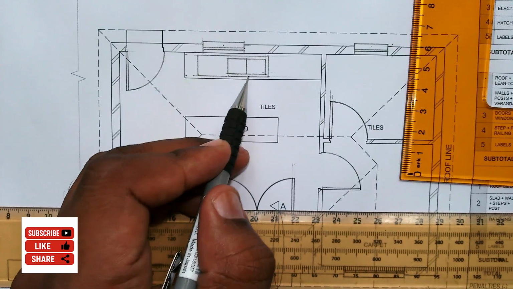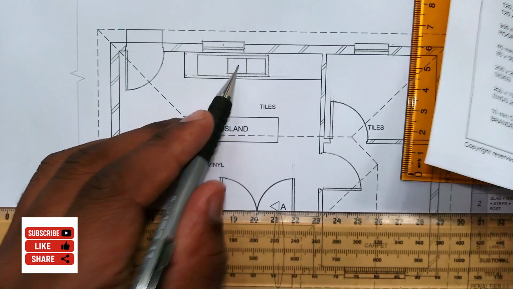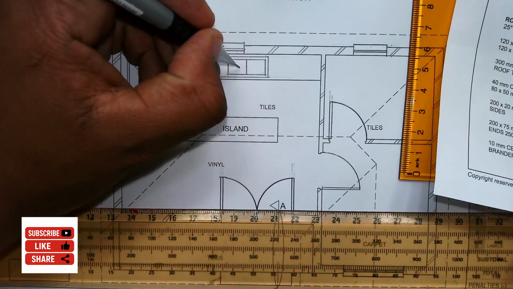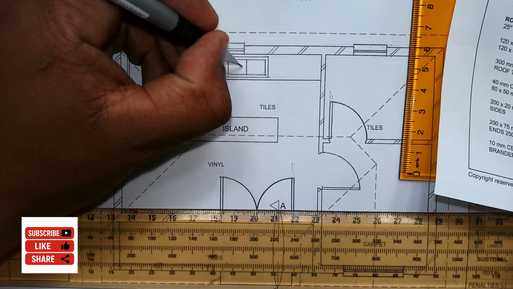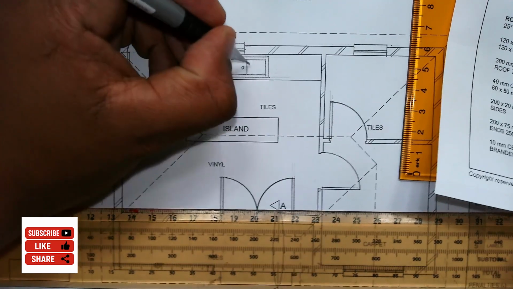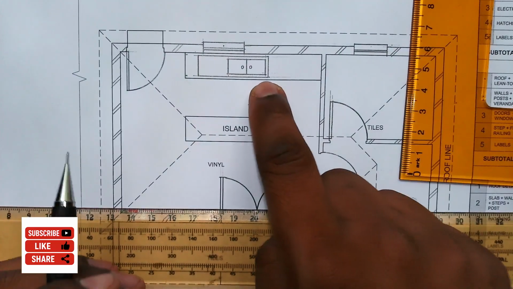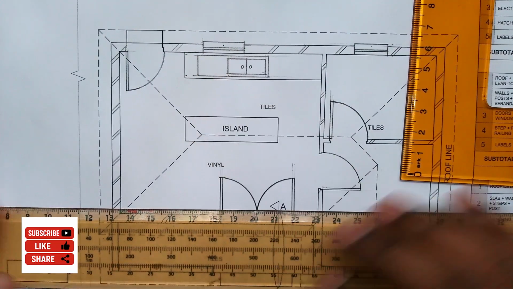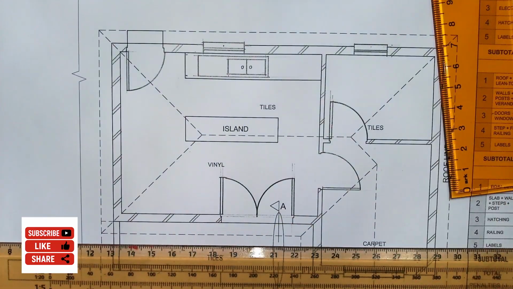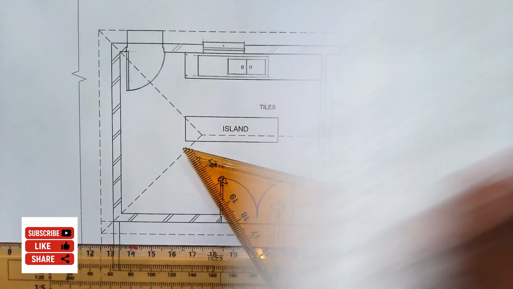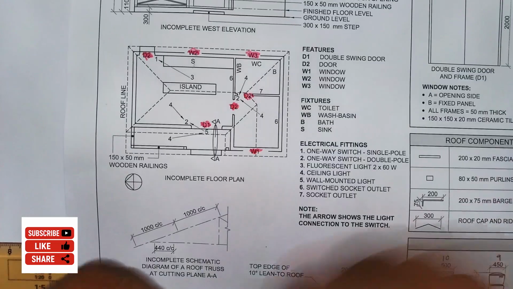That's how we draw the symbol. But remember, I have to add the small circles there. So this is the graphic symbol for a double sink. Now I can mark the sink off.